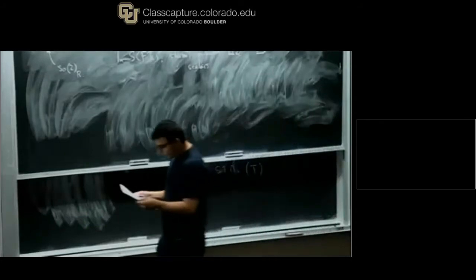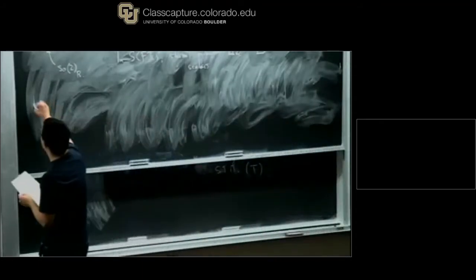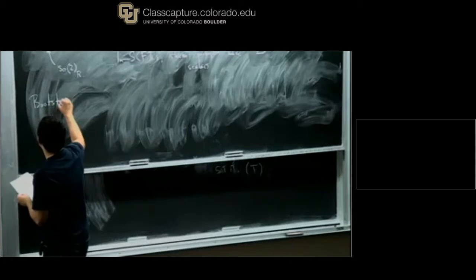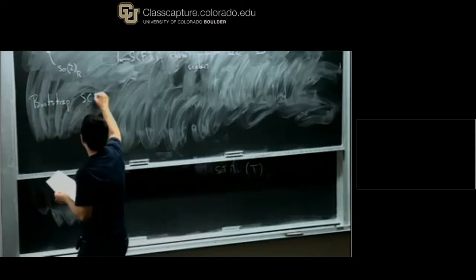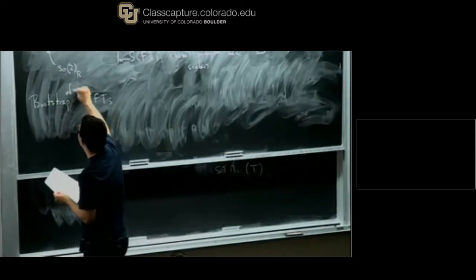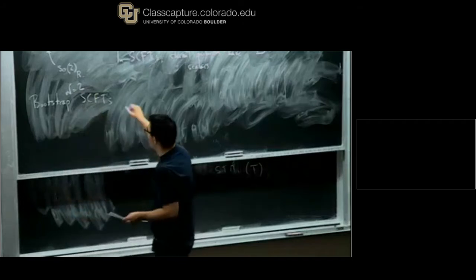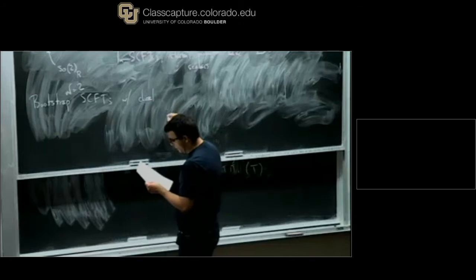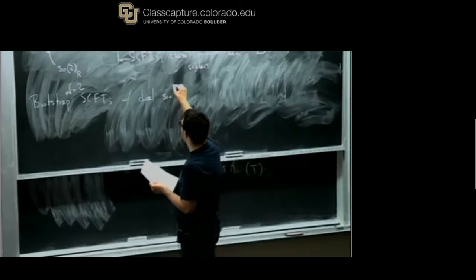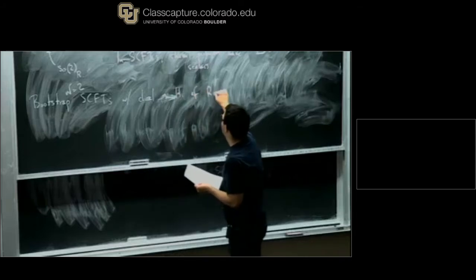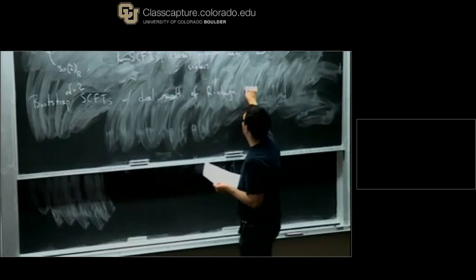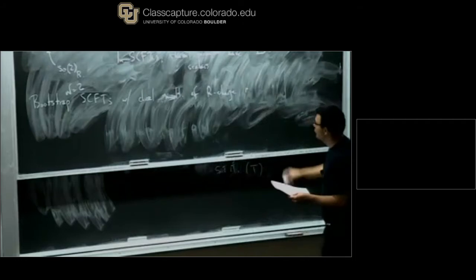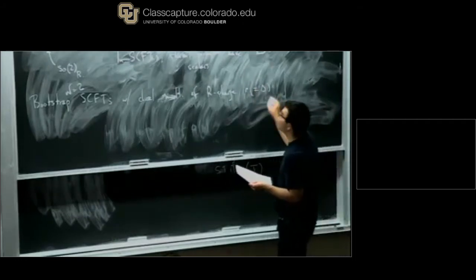And then I wanted to show you what happens if you try to bootstrap N equal 2 SCFTs with a chiral multiplet of R charge R. Again, this is equal to the scaling dimension of the scalar in that multiplet.